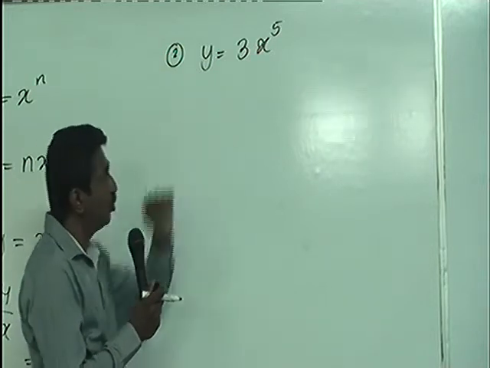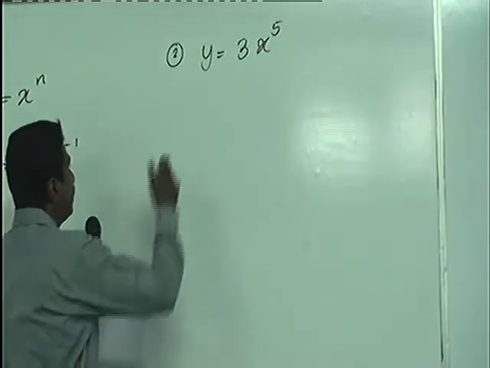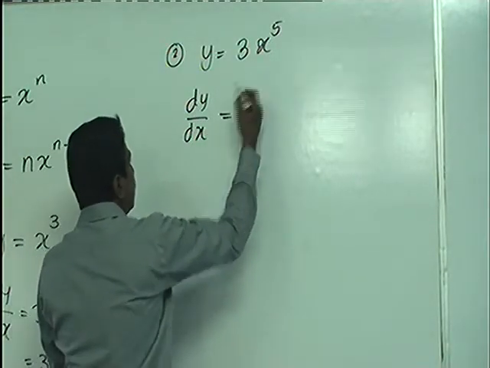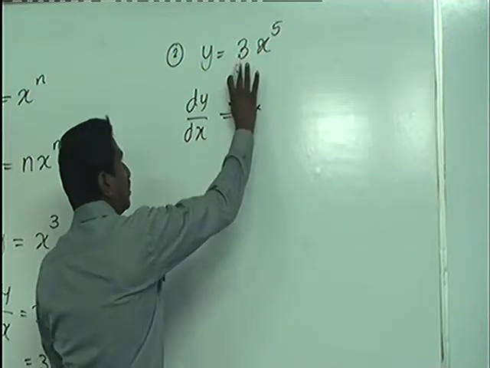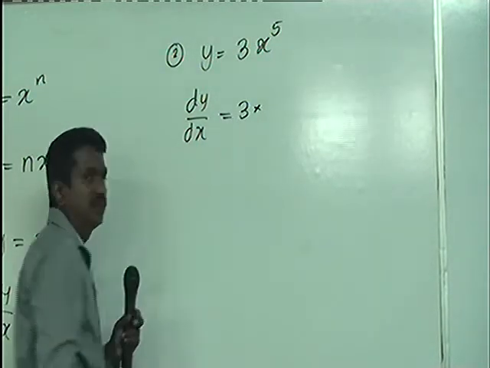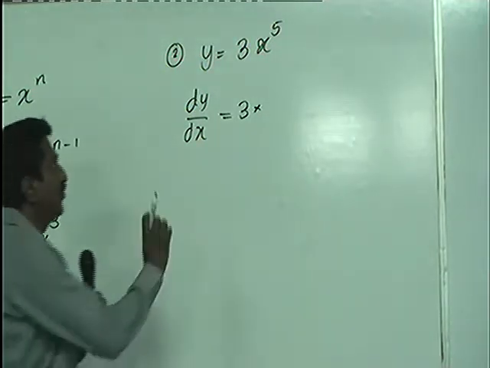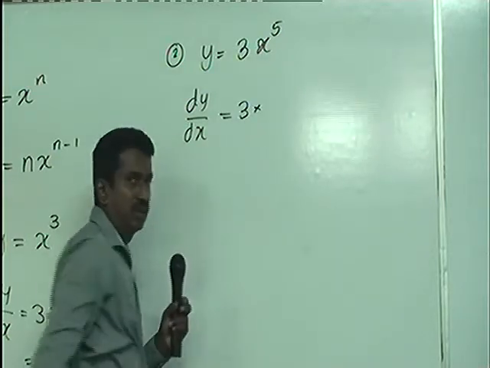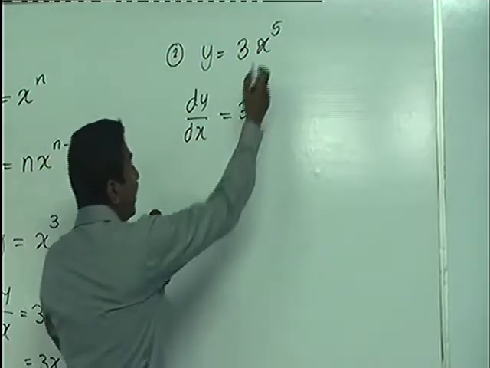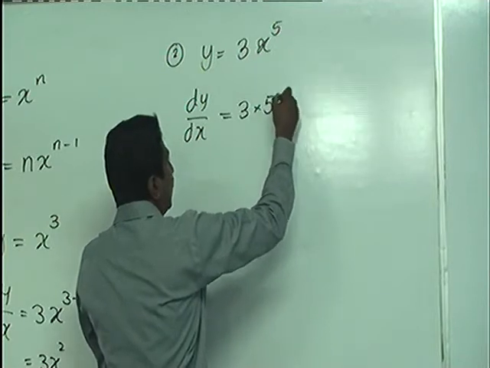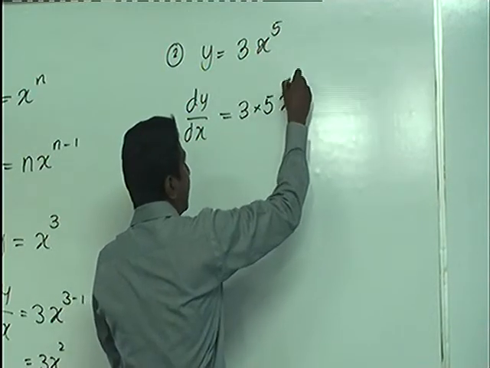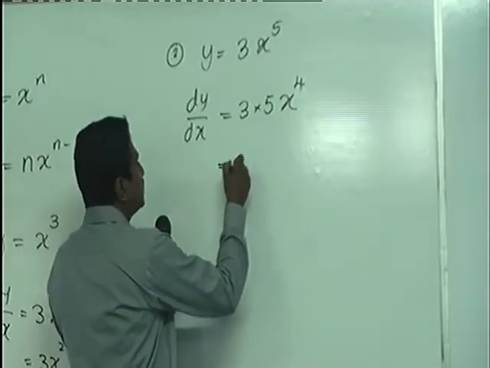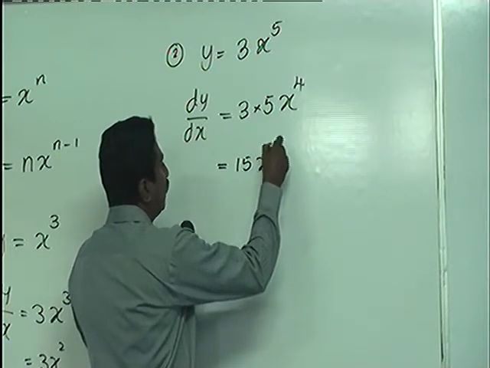So how do we differentiate? dy by dx is equal to 3, keep the coefficient as it is, and differentiate the variable part. What is the variable part? x to the power 5. So you take 5 in front, x to the power 5 minus 1, that is 4. Now you can multiply this, so the answer is 15x to the power 4. That is the answer.